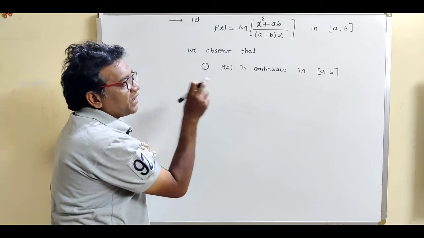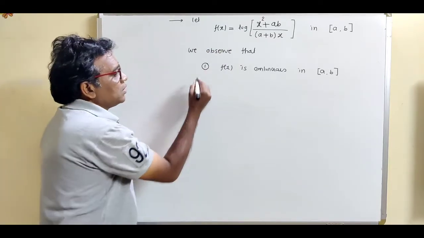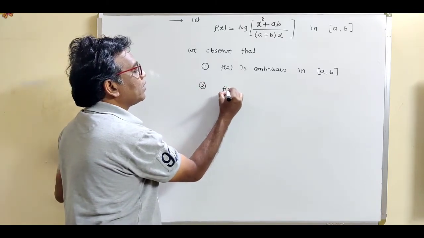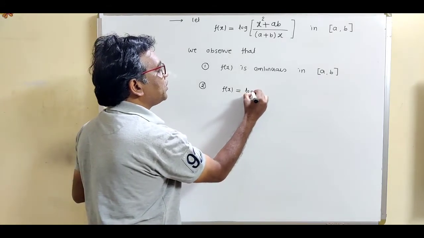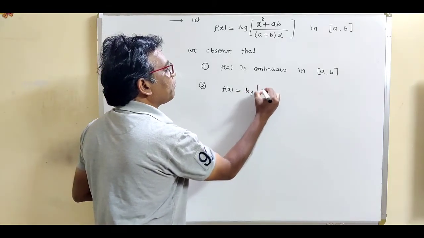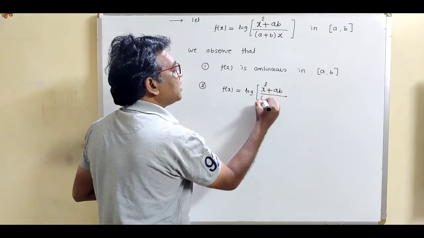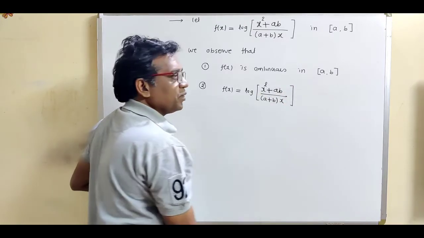Differentiability means just find out its derivative. So verify this second condition. Write down number 2. What is the given function? f(x) is equal to log of (x squared plus ab) divided by (a plus b) into x.